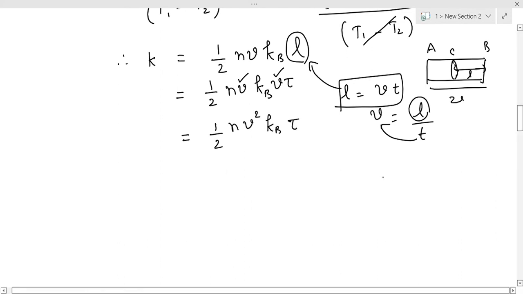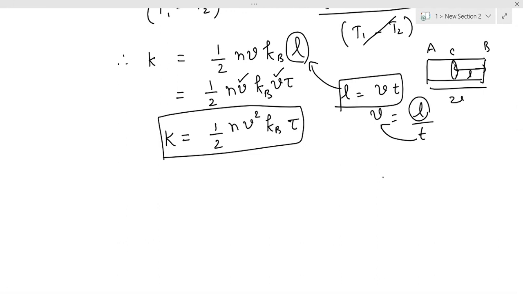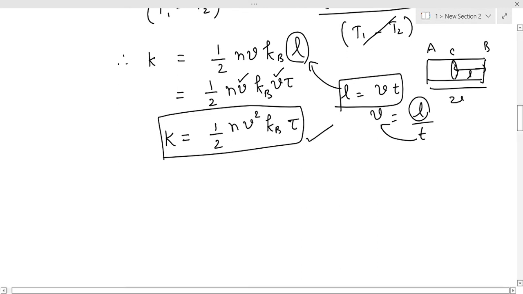So the thermal conductivity of the metal depends on all these parameters: n, the number of electrons; v, the thermal velocity, to the second power; the Boltzmann constant; and the time, either relaxation time or collision time. So this is the classical expression for thermal conductivity of the metal.